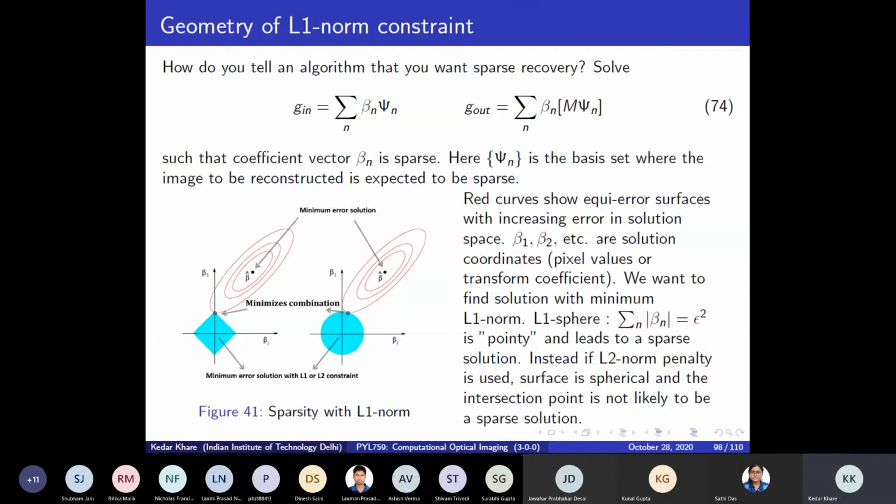Whereas in terms of the L1 norm, I will define the sphere as the sum of the magnitudes of beta n equal to epsilon. If you look at it, the boundary of this figure, which is a diamond-like figure, is going to be the sphere.